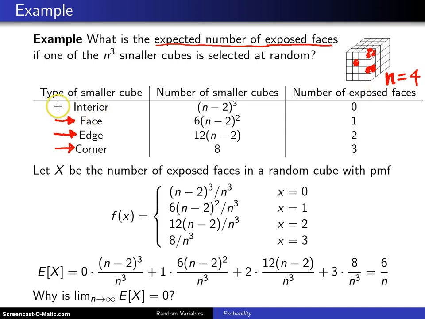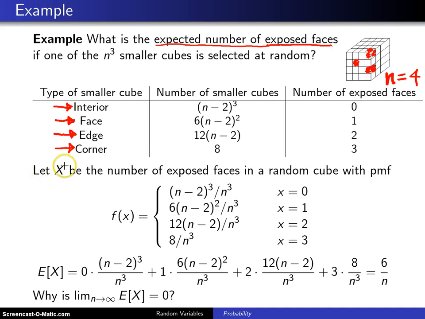And finally, the last one is an interior cube. I can't shade an interior cube because you can't see them here, but those interior cubes don't have any exposed faces, and there are n minus 2 cubed such interior cubes.